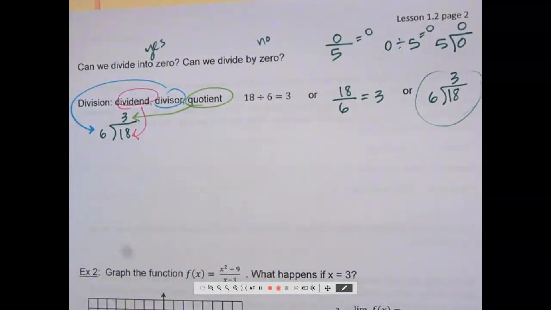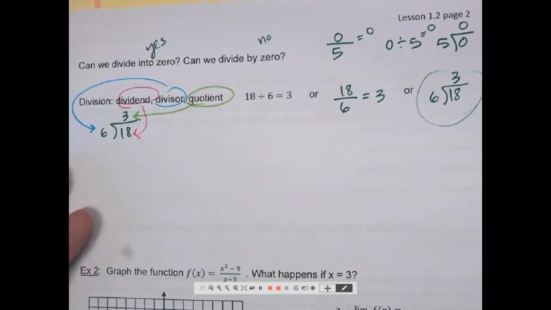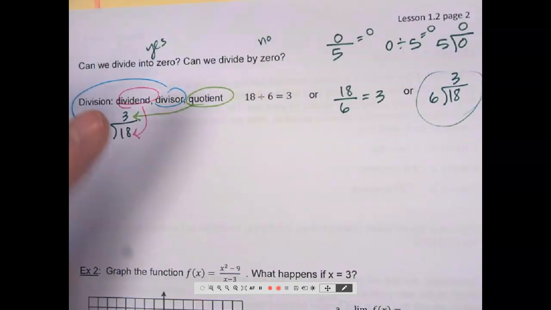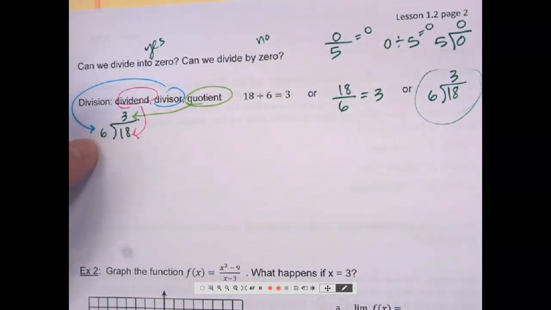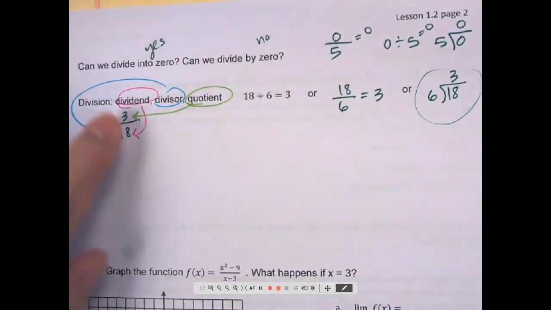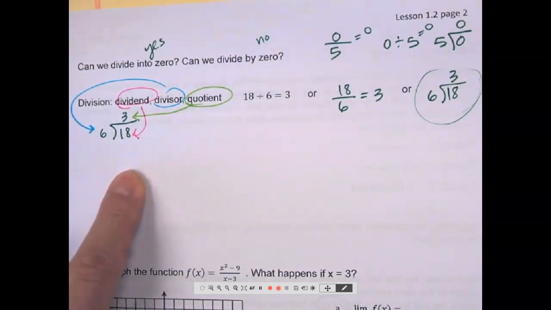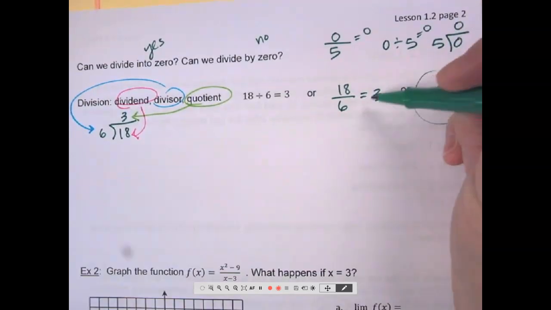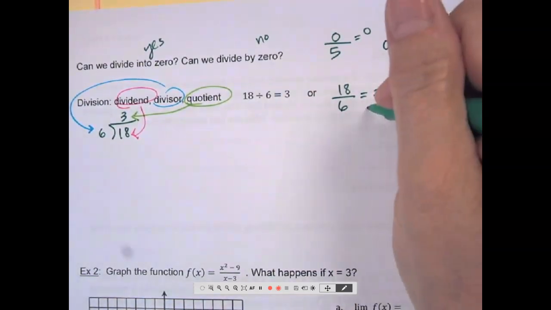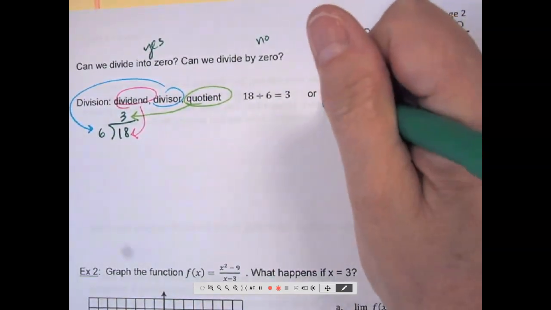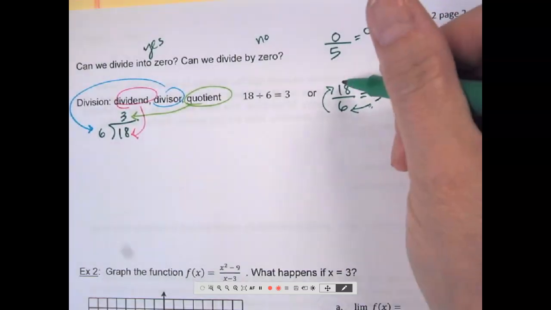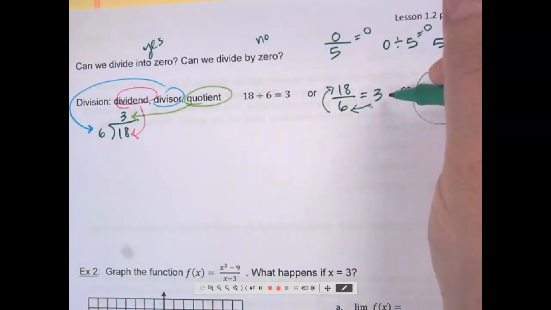In this case, we have a remainder of 0. So if I have a problem like this, and no remainder, then the divisor times the quotient should equal the dividend. 6 times 3 should equal 18. And similarly, if it's written as a fraction, 6 times 3 should equal 18. And there's my dividend, my divisor, my quotient.